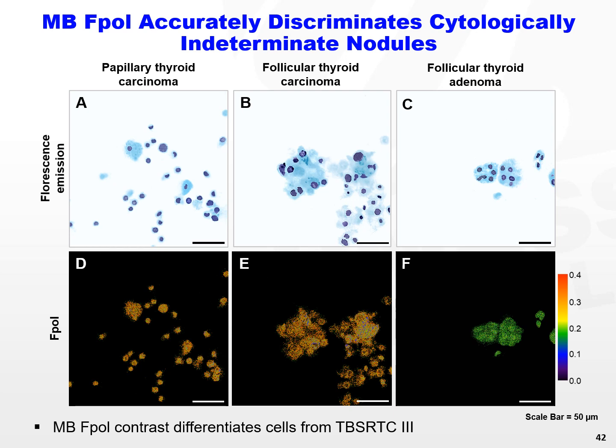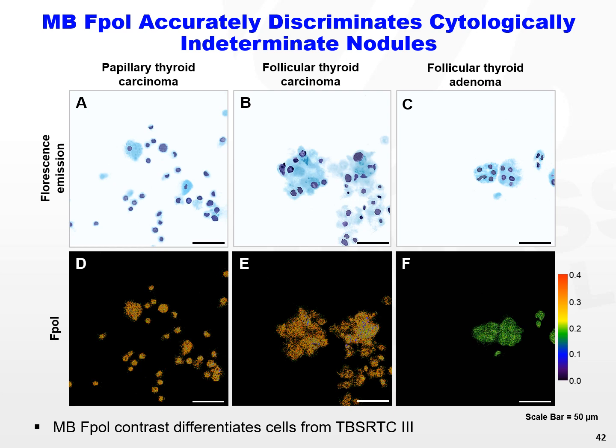Fluorescence emission images are in the top row, and fluorescence polarization images are in the bottom row. The 2 columns on the left are cancerous samples, papillary carcinoma and follicular carcinoma, whereas the column on the right is a benign sample, follicular adenoma.